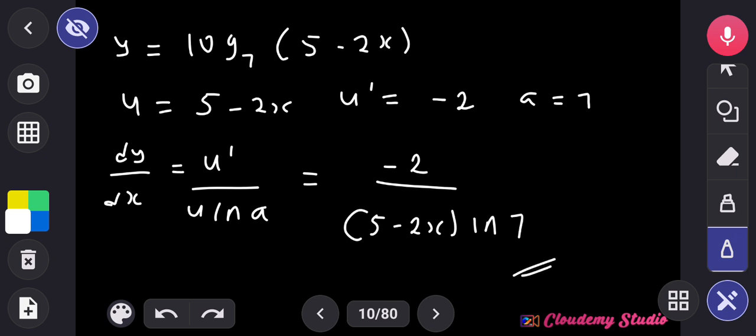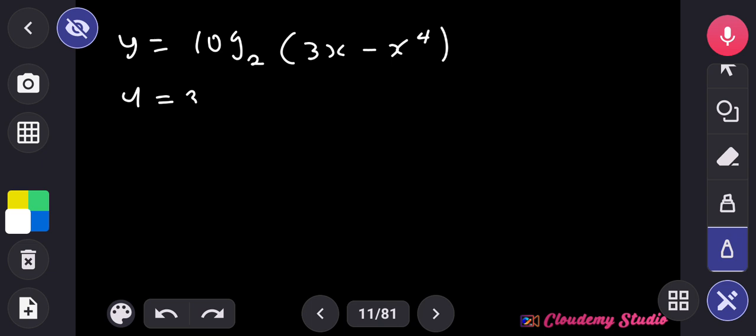Logarithmic function is not that difficult. So let's say y equals log base 2 of 3x minus x to the power 4. The same way we used to do it, our u equals 3x minus x to the power 4, and our u prime is going to give us 3 minus 4x cubed.